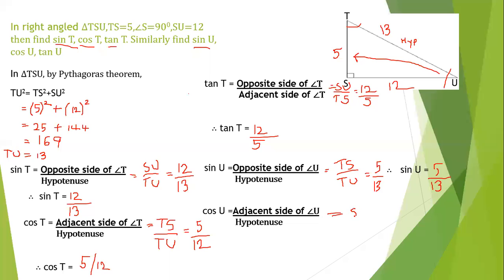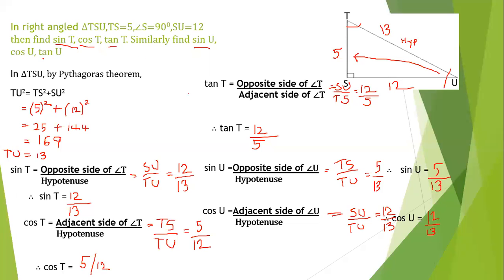So we will write SU upon hypotenuse is TU is equal to, what is the value of SU given to us? It is 12, right? So here we will write 12 and in place of TU we will write 13. So we got cos U is equal to 12 upon 13.